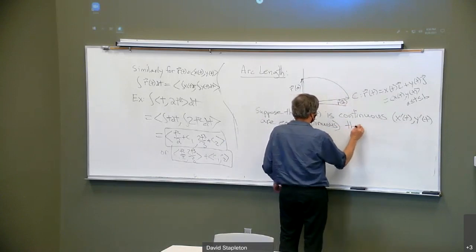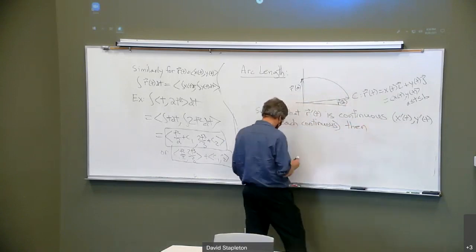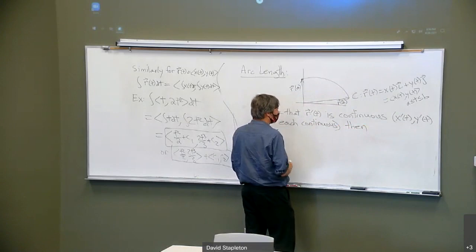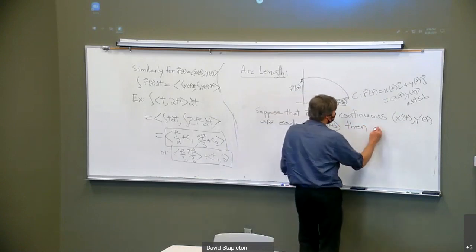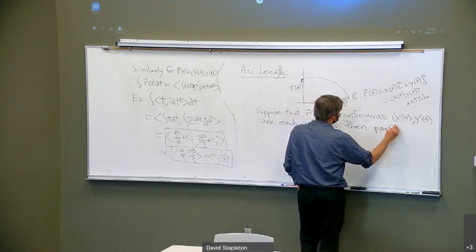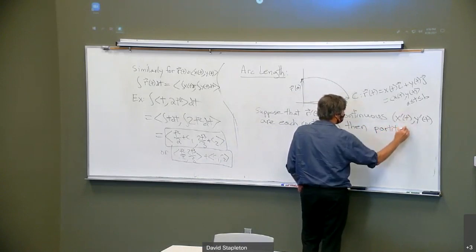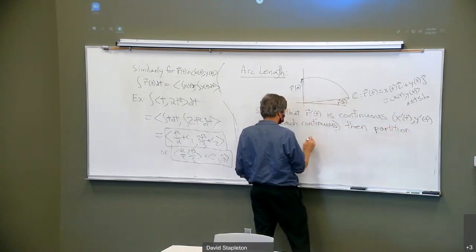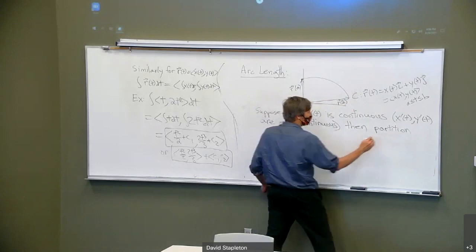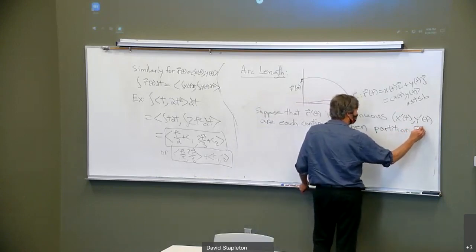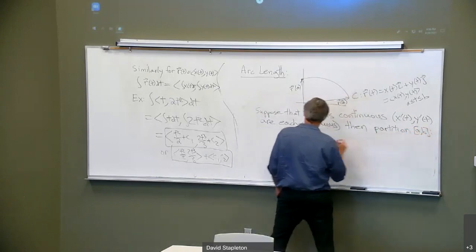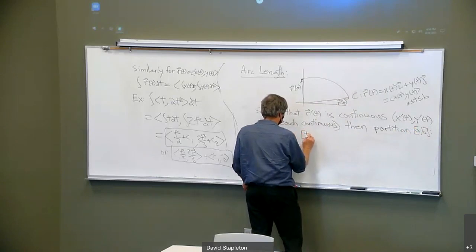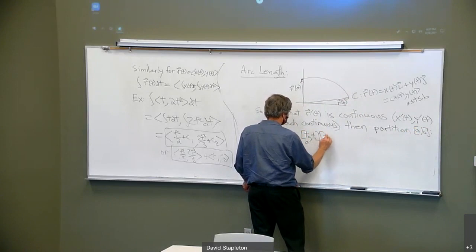Then what do we want to do to consider arc length? Let's consider doing this. Partition the interval for t, a to b, as follows. a is equal to t0. You go to t1, and then from t1 to t2, bigger and bigger values.